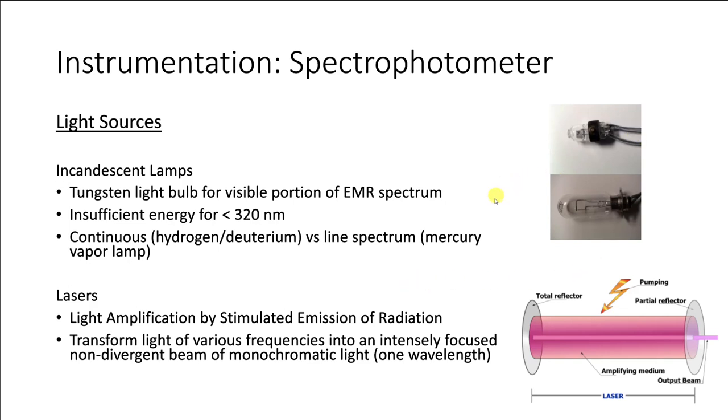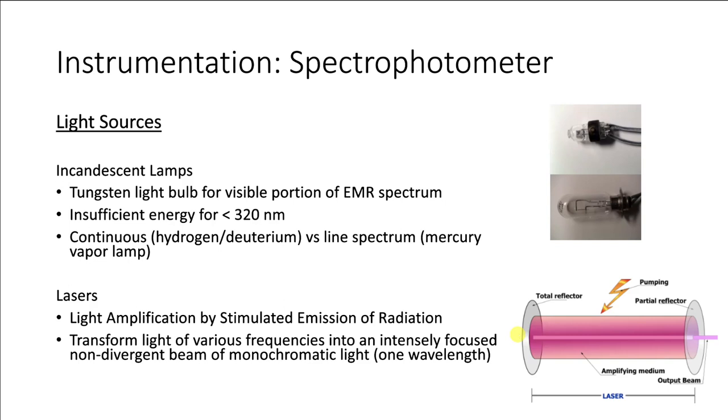I don't really know the nuance between picking either one of these, but for lasers, which by the way is an acronym if you didn't know this, and this is the full one. I do not expect you to know this. This is just a fun fact that you can pull out on all your friends. But lasers help us get to this higher energy wavelength if we need to because it's so intense.